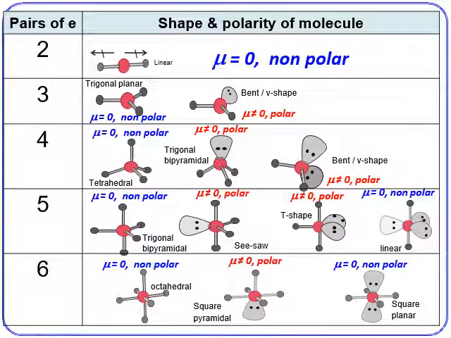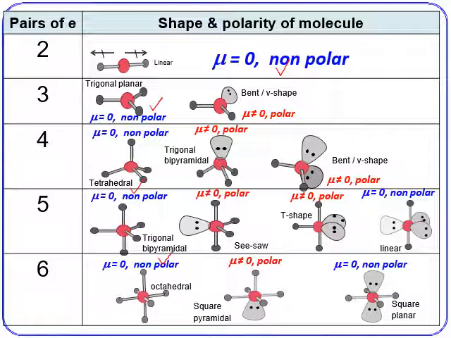Okay, let's have a quick check again. When there are 2 pairs of electrons which arrange themselves in the linear shape, it is symmetry, so non-polar. Trigonal planar is also non-polar.